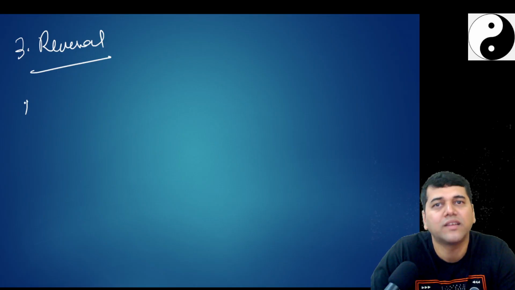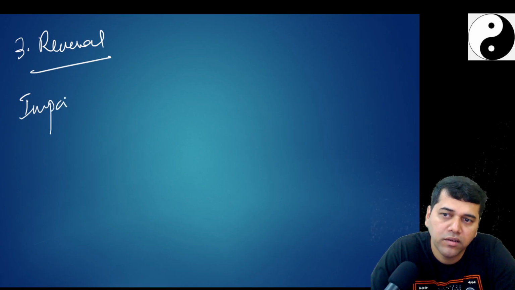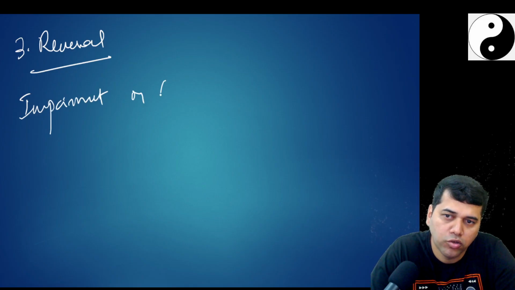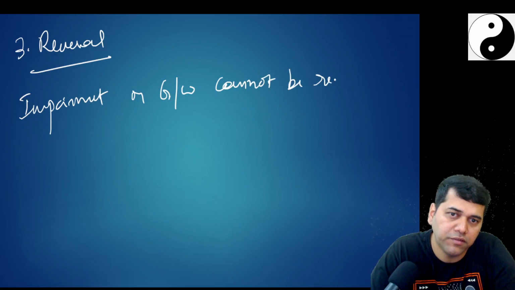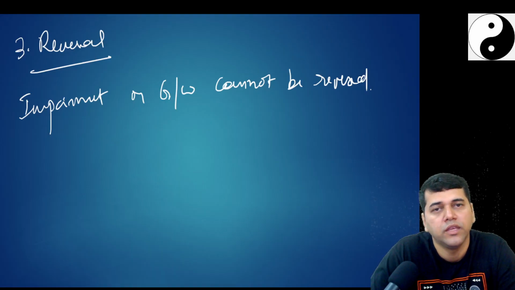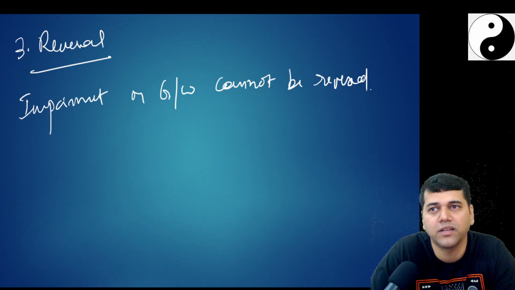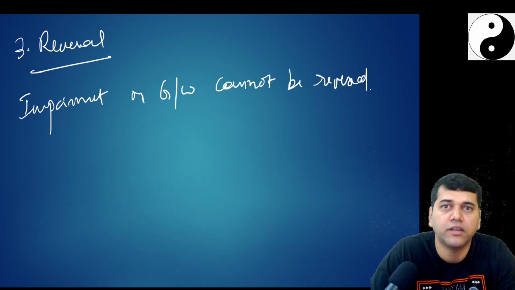They said there is a clear indicator of a reversal. Impairment on goodwill cannot be reversed. Once you impair the goodwill, even though you have got prosperous, beautiful, exceptional cash flows, you can never ever reverse the goodwill.